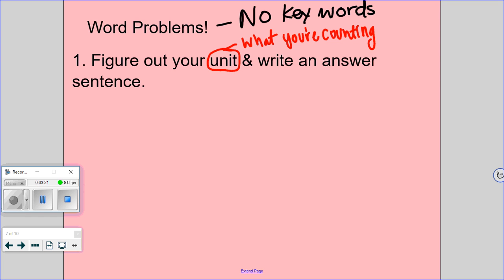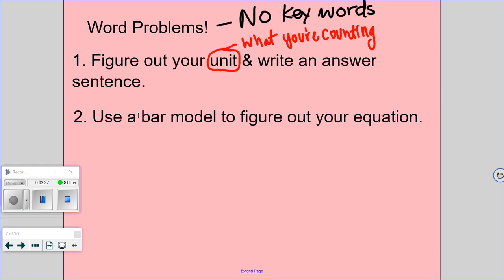Alright, once we have figured out what it is that we're counting and we've prepared an answer sentence, our next step is to use the bar model to figure out my equation. This is the part where I figure out, am I going to be adding? Am I going to be subtracting? Am I going to be multiplying? Am I going to be dividing? What in the world is it that I am going to be doing?